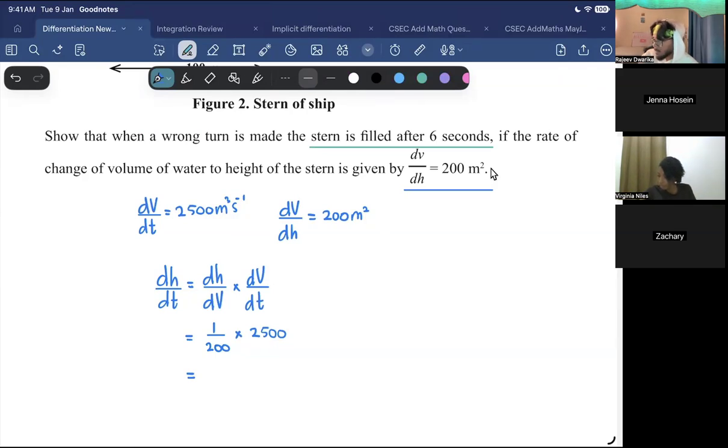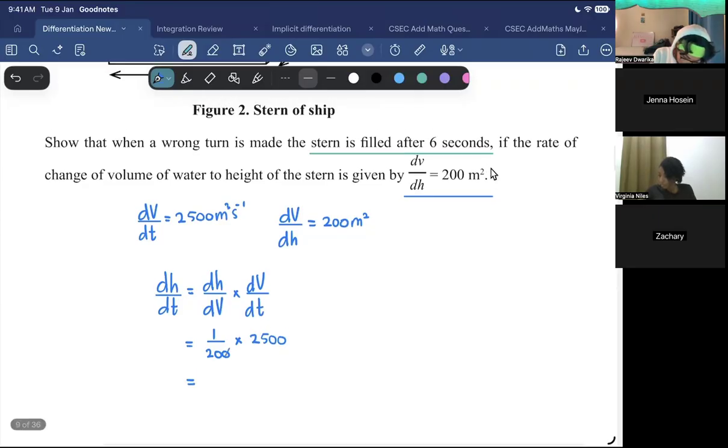What would that simplify to? 12.5. And what would the units be? Meters per second, because height will be measured in meters and time is measured in seconds.